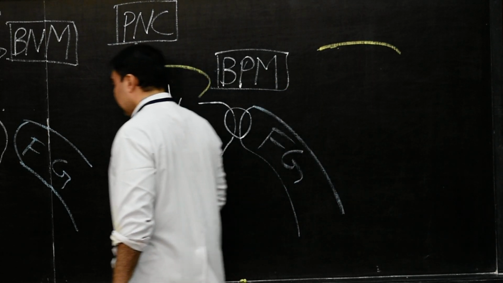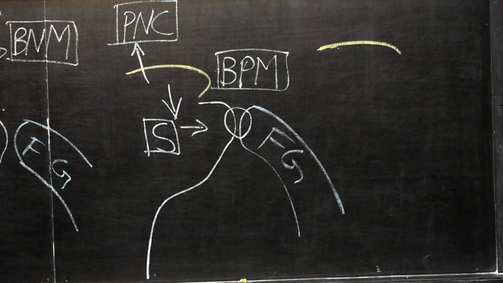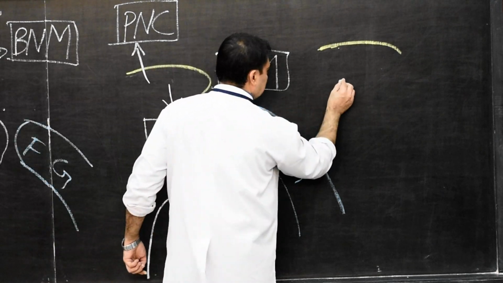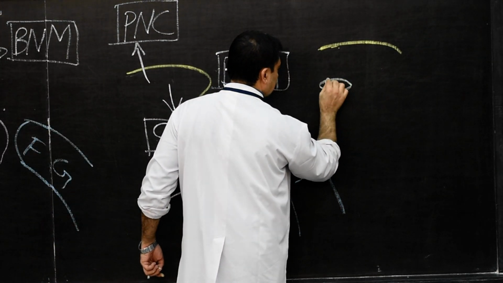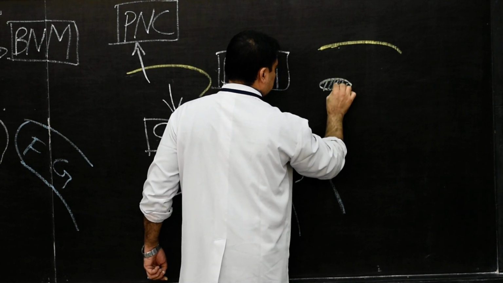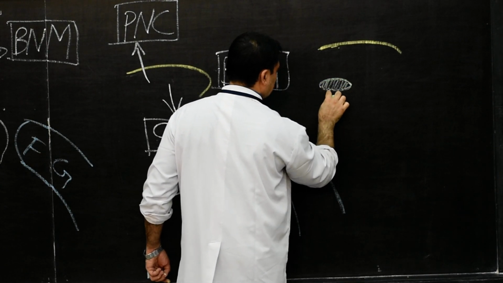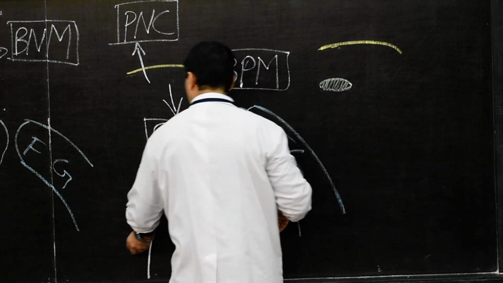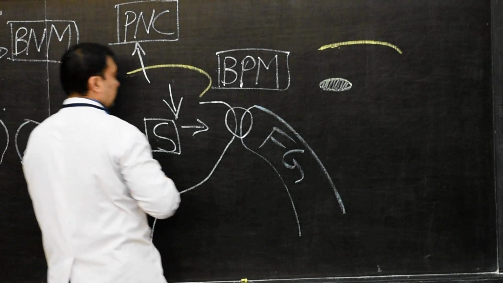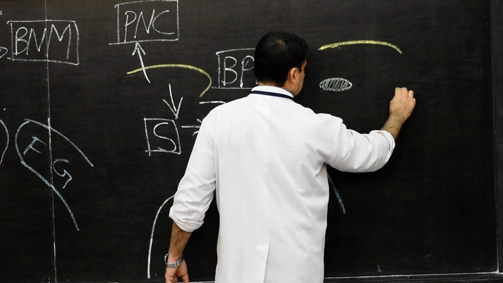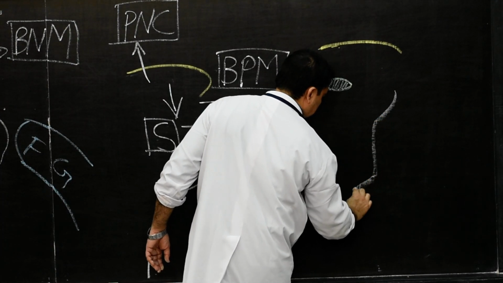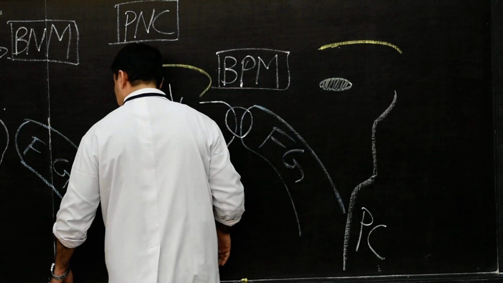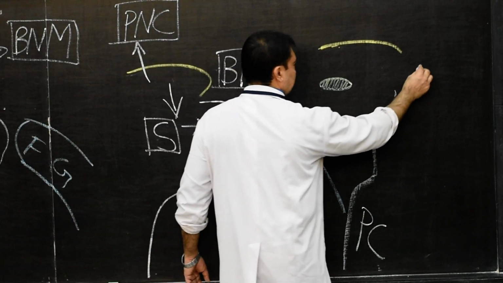Now, with green color, I will show you, there will be development of, in the anterior portion, the primitive palate, this structure, and stomodeum, and below it will be continuous once again with the pericardial cavity, and this will be the foregut at this level.